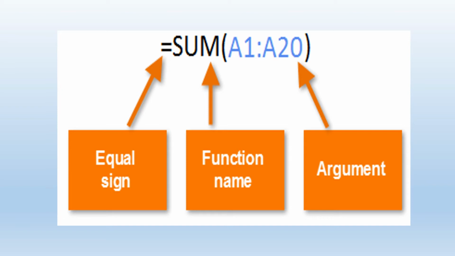Argument indicates A1 colon A20. That means the cell range from A1 to A20, all the cells. SUM means addition. This basically adds the numbers in cells A1 to A20 together. It will take the total.